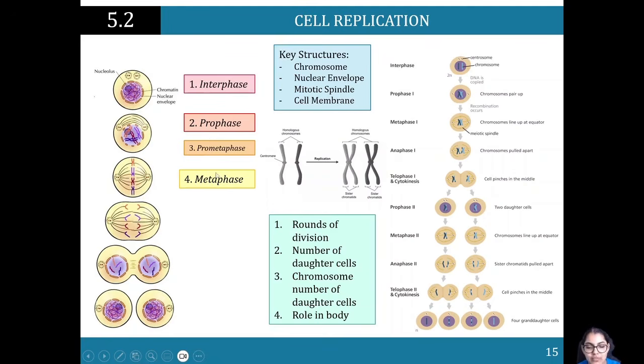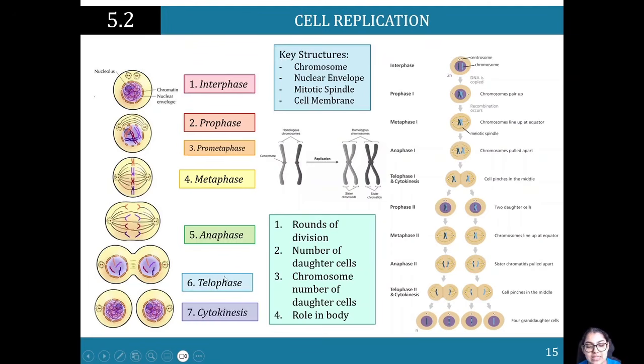So interphase, prophase, just metaphase them, and we've got our chromosomes lining up in the equator of the cell, and now we've got the mitotic spindle attaching to either side of the chromatids here. And once the mitotic spindle has done that, in anaphase, they're going to be pulled away from each other. So you can remember anaphase, they're pulled away from each other.